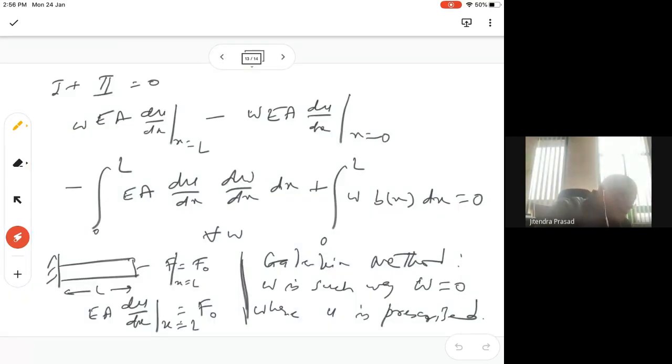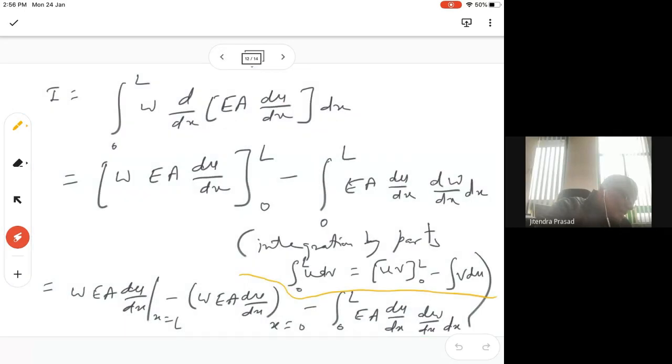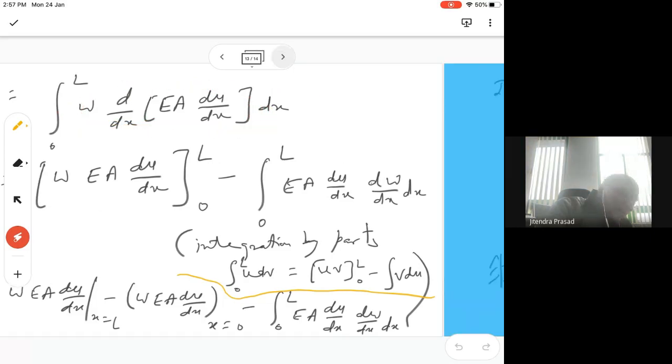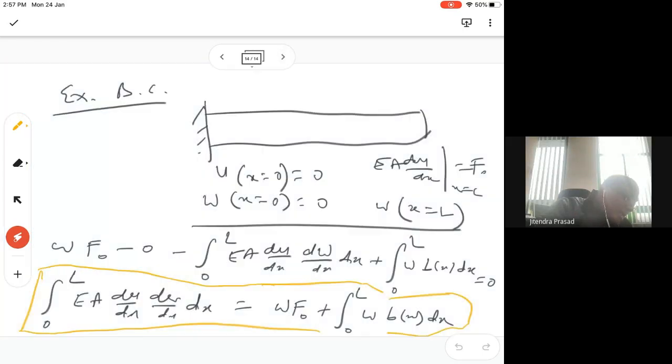Although as per the original equation you would think the solution has to be at least quadratic, here even a linear function can be admitted as an approximate solution. This is the beauty of the Galerkin method: you can admit low order functions as solutions.